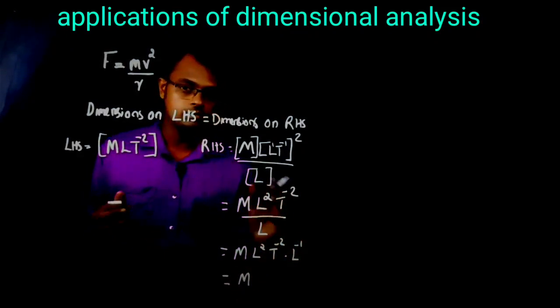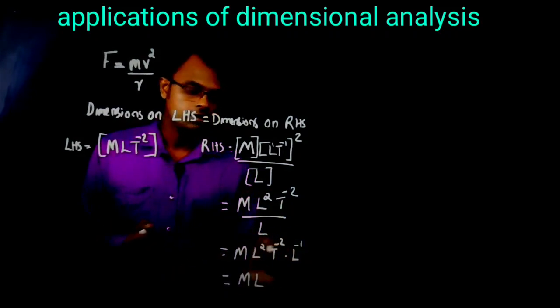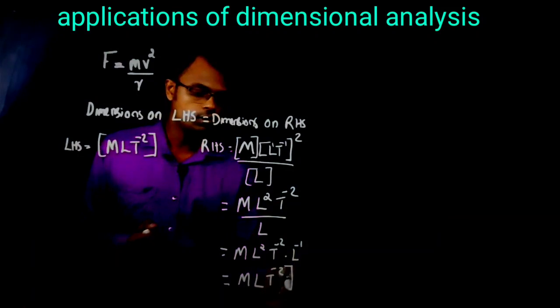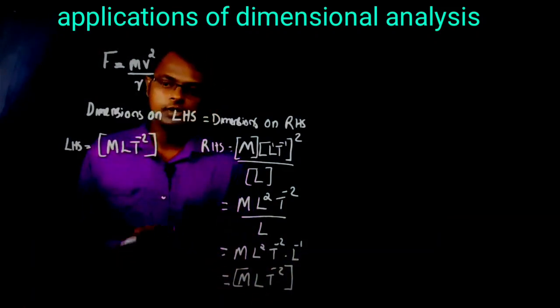So what should be done here? If the same dimension is coming, add the powers. So 2 plus minus 1 is equal to 1. So M L, and once again T to the power minus 2. Put it in the square bracket. Now check the LHS and RHS. LHS is M L T to the power minus 2.